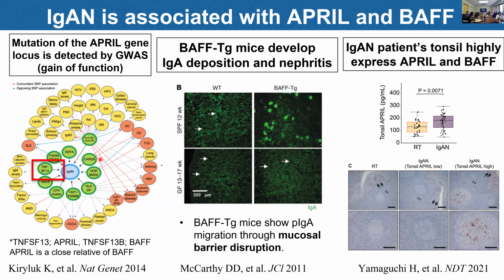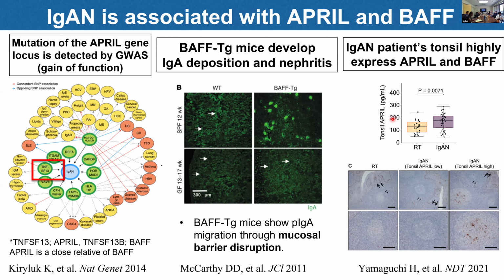Using more than 100,000 samples, a gain-of-function pattern of APRIL gene mutation was detected in IgAN samples. In addition, an in vivo study shows that transgenic mice of BAFF, a cross family member of APRIL, develop IgA deposition and nephritis through mucosal barrier disruption.